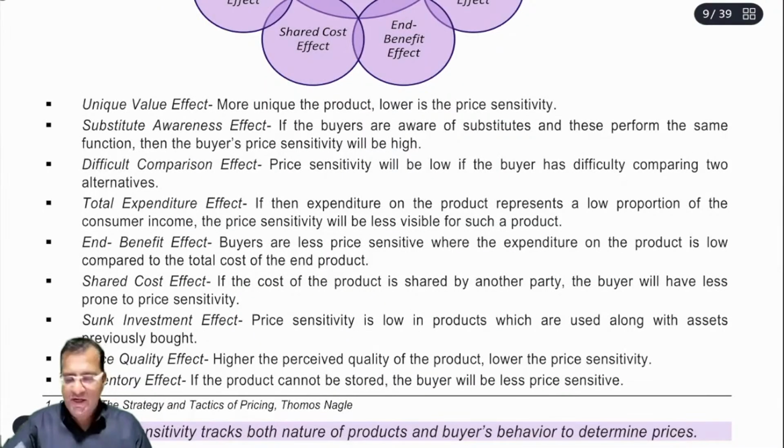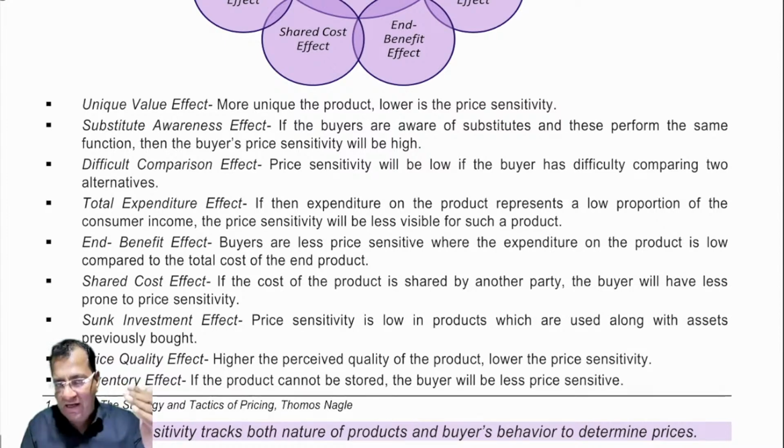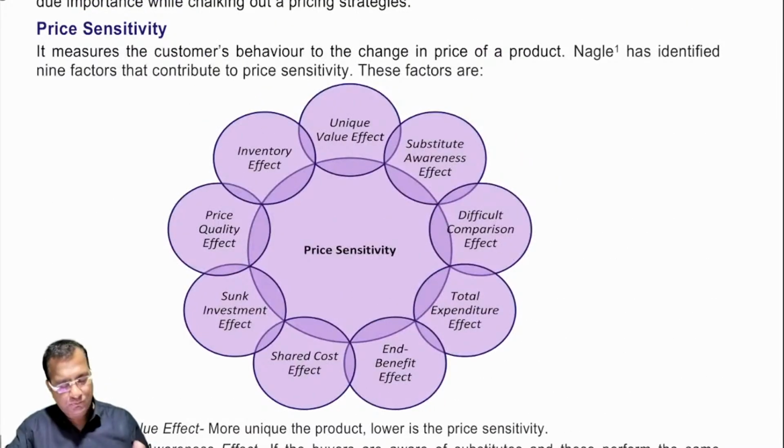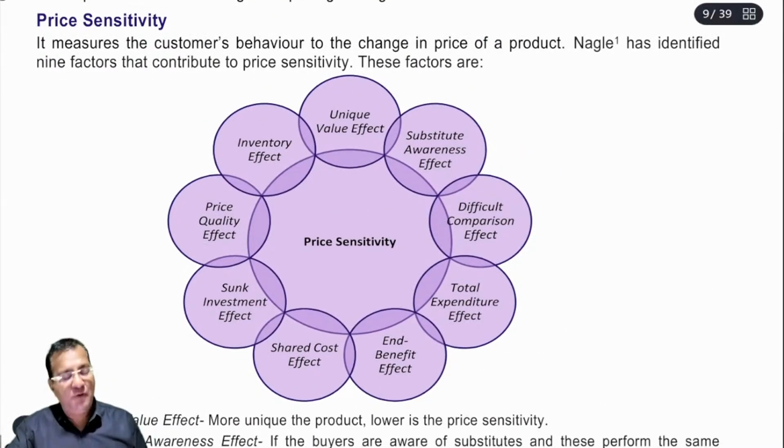I'm giving you the coming 5 minutes to read on your own, and then we will take one example at a time, derive a real life example of that point, and check whether the price sensitivity will be high or low. First of all, I'm giving you 5 minutes to read the price sensitivity topic from the study material on page number 9. Okay, let's go.